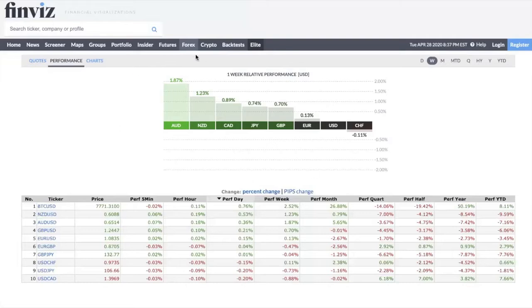So how do you use this to find the best currency? It's pretty straightforward. If Aussie is the strongest and franc is the weakest, then of course you want to trade Aussie franc. If Kiwi is the second strongest and franc is the weakest, you want to pair Kiwi and franc. You can keep doing this. You can pair Aussie with franc, Kiwi with franc, Kiwi with dollar, Aussie with dollar.